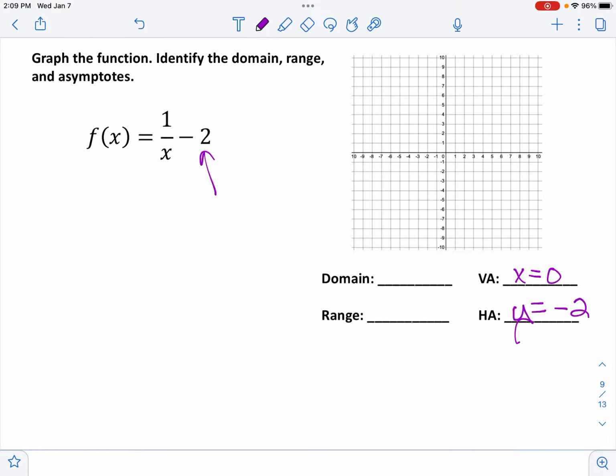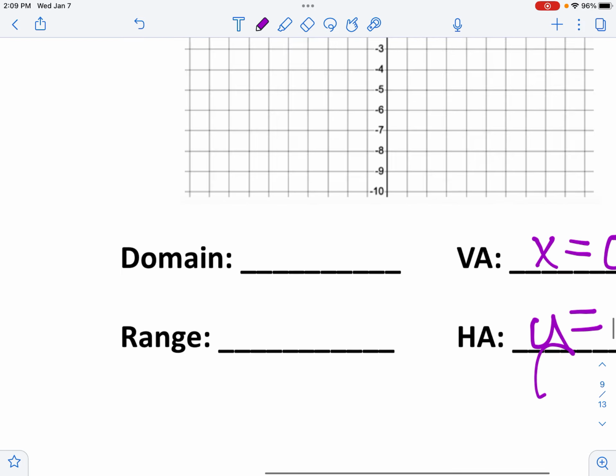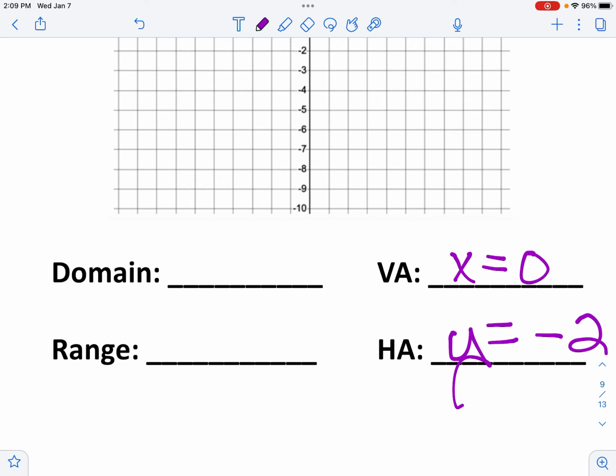Now I'm just going to do domain and range. And actually, I can use these two pieces of information here to help me do that. So what is the domain? Well, the domain is going to be x such that x is not equal to 0.